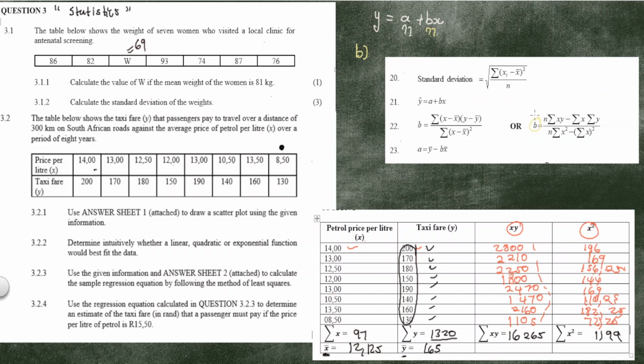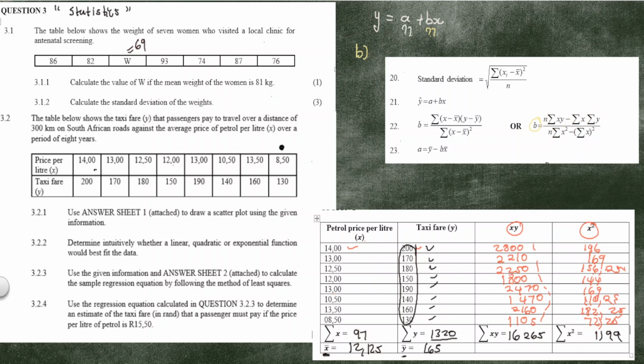So this formula is to calculate the value b. That is why we had this table, so that we can calculate the sum of the product of x and y, sum of x, sum of y, sum of x squared, all of this.